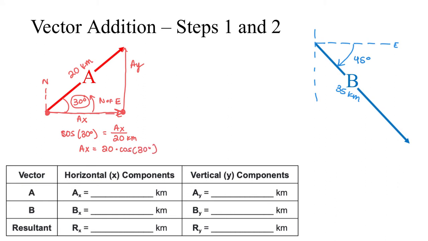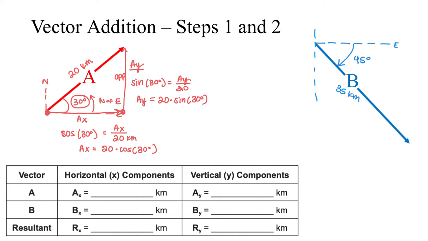Now I can do the same thing for A sub y, noting that this is the opposite side of the angle that I was given. So I will use sine. Sine of 30 degrees will be equal to A sub y over 20, meaning that A sub y will be equal to 20 times sine 30 degrees.